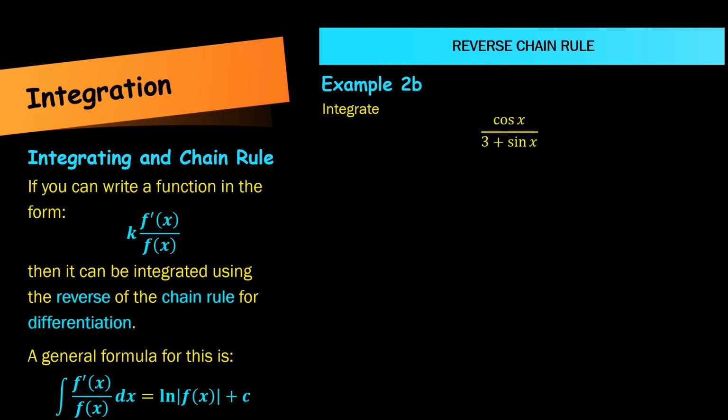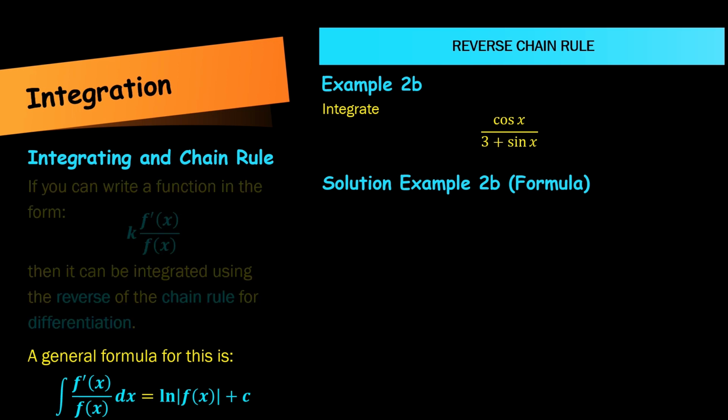Now let's take a look at part B. We're going to solve this by using our formula. First, we let f of x, which is the denominator, equal 3 plus sine x. And so f dash of x equals cos x. And of course, as you can see, this is our numerator in our example.